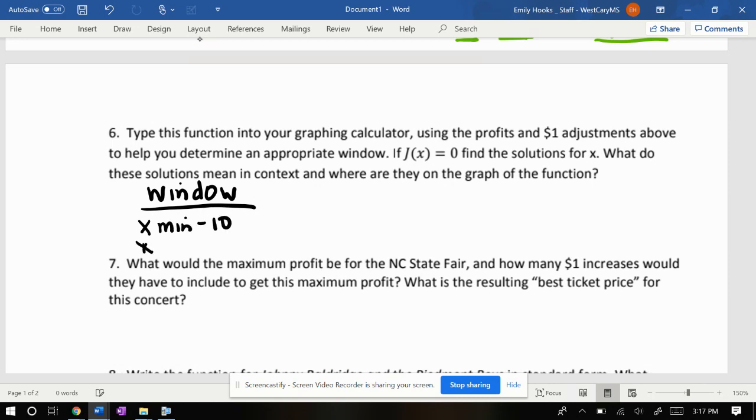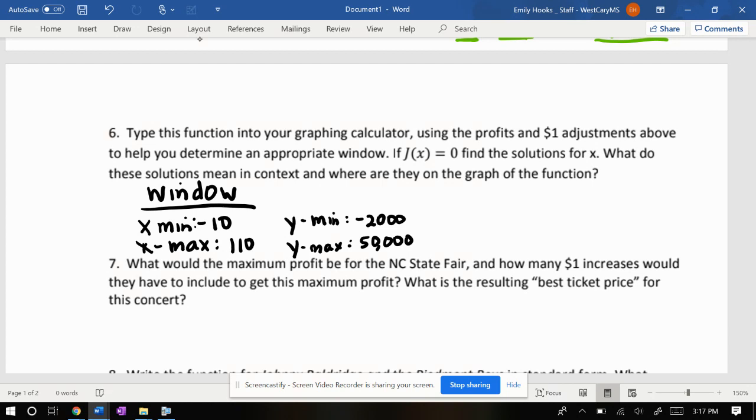Our x max, I think 110. Our y min, we changed to like -2,000. And then our Y max, we made like 50,000. That represents our money.